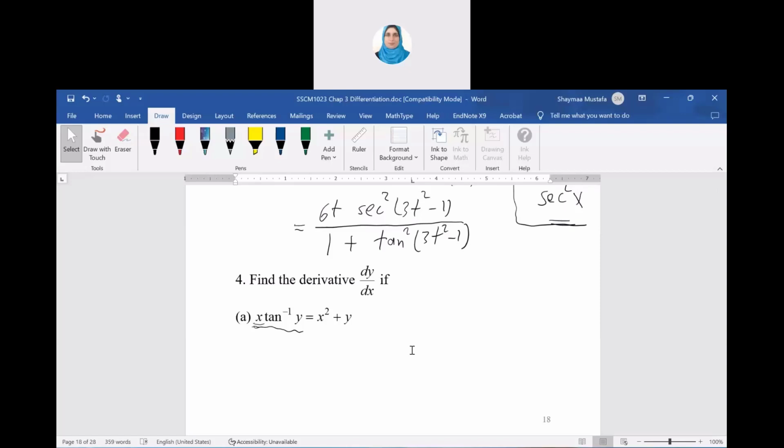Second step, then you need to separate dy over dx. Okay, x tan inverse y equal to x squared plus y. The first term, x tan inverse y, is a multiplication between two functions. Your first function x, the second function tan inverse y.